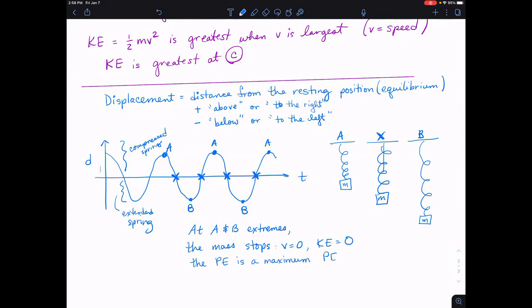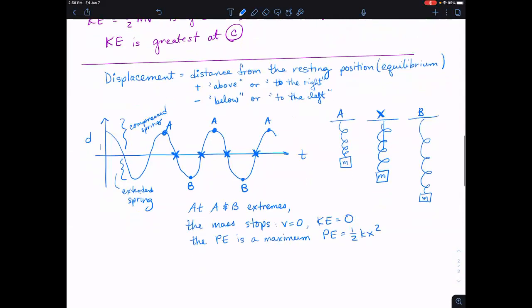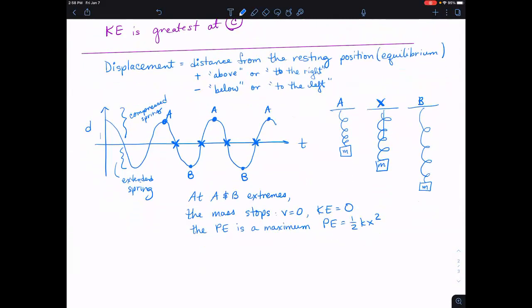And the potential energy for a spring is 1/2 k, which is the spring constant, times x squared. Again, we will never use that equation. That's just there if it helps you. Okay, so PE and x squared have a direct relationship. So if x squared is greater, then PE increases. So the maximum x squared will correspond to the maximum PE. The squared means it doesn't matter if x is positive or negative.